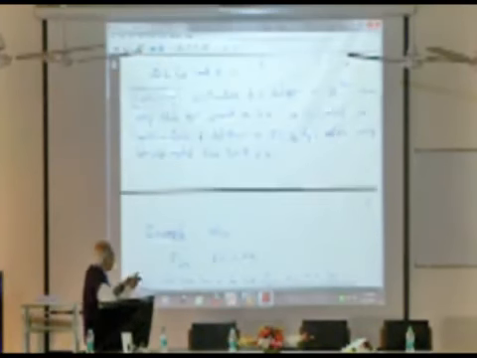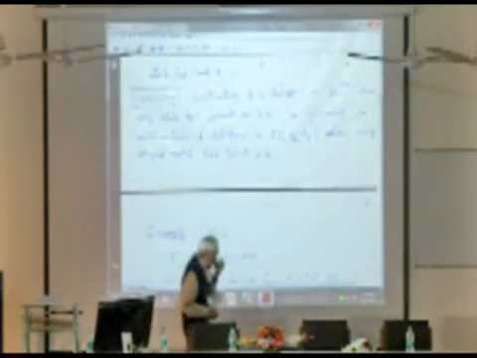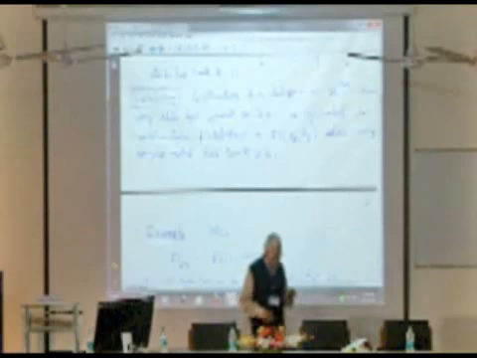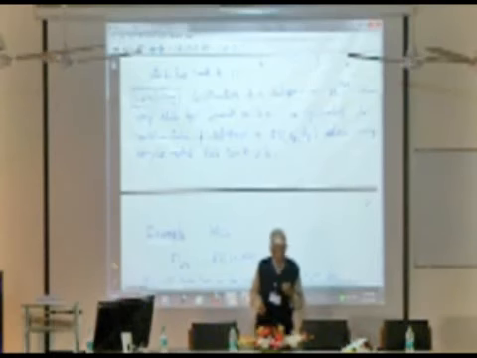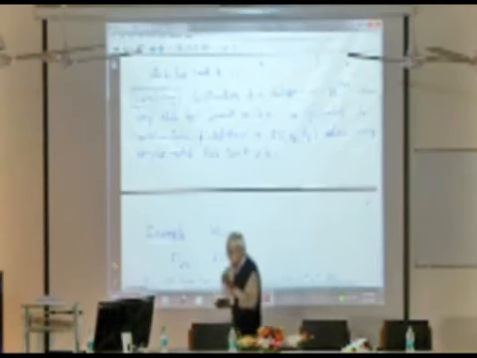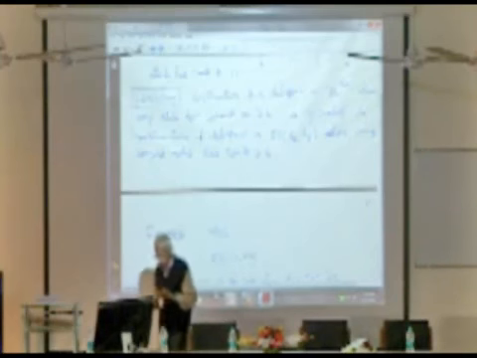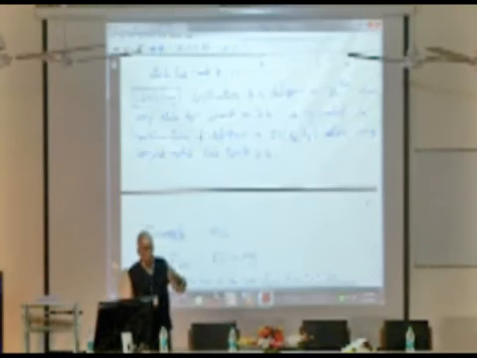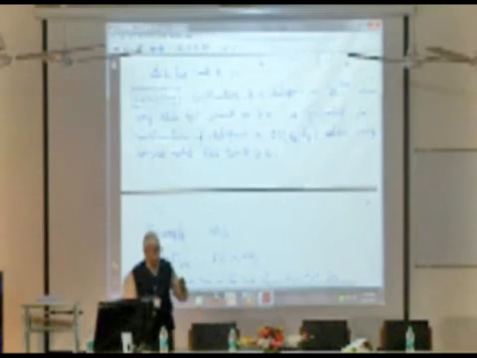In the joint system, you see, the Schmidt number itself is a measure of the entanglement, right? The entropy of the marginal state is also a measure of the entanglement.